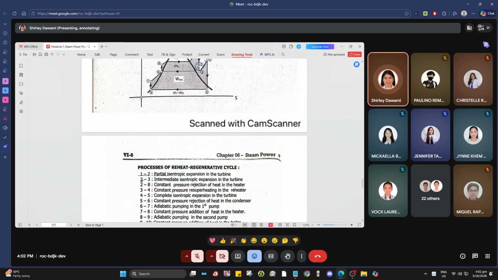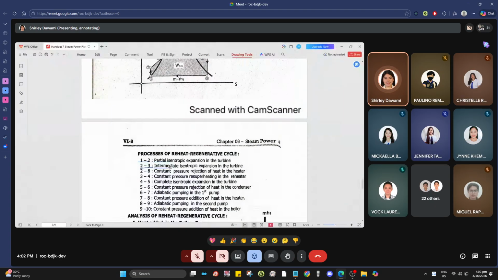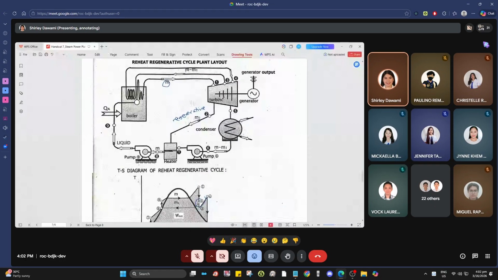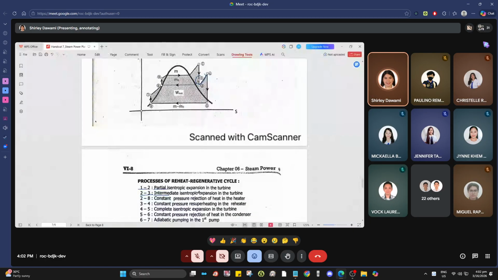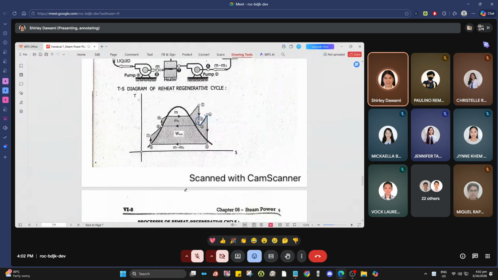Then, next is process 2 to 3, intermediate. Okay. It's an intermediate isentropic expansion in the turbine. Okay. So, part of the steam, no? Okay, M1, mao ni siya ang nidong sa feed water. Mao ni siya ang bled steam, used to preheat the feed water. Then, process 2 to 3, which is M minus M1, mao to siya gi-used for intermediate expansion, meaning wala ba gyud siya gi-fully expand, no?